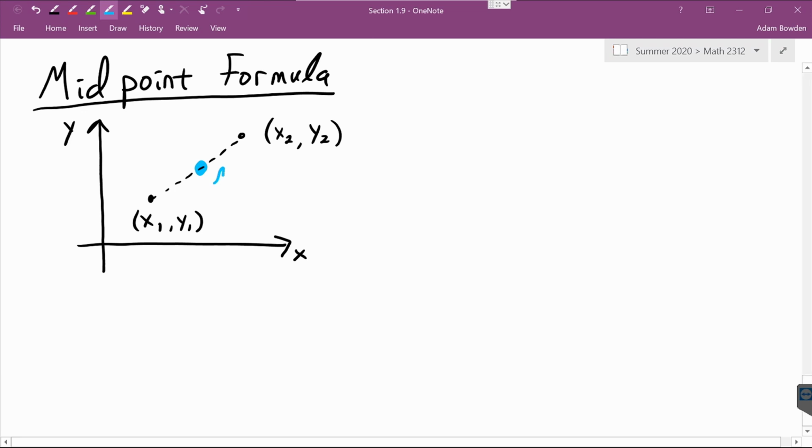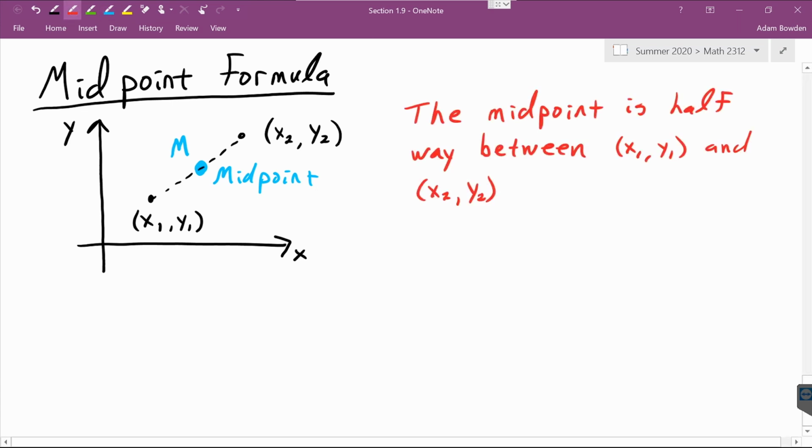And so the midpoint would be right here, let's say, and we're going to use the capital letter M to stand for the midpoint. And so our formula that finds this midpoint halfway between the two is capital M equals x1 plus x2 divided by 2, y1 plus y2 divided by 2.